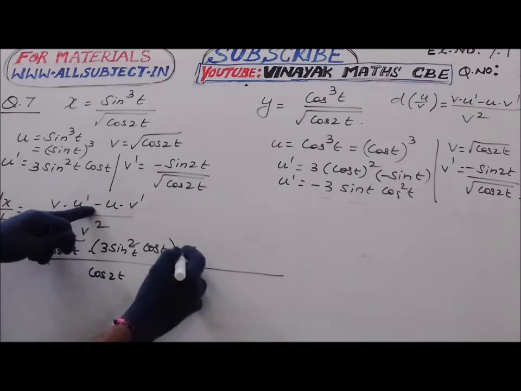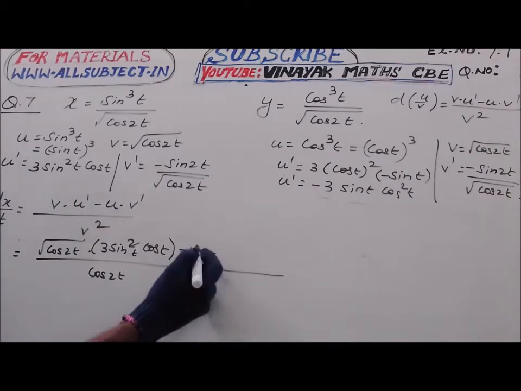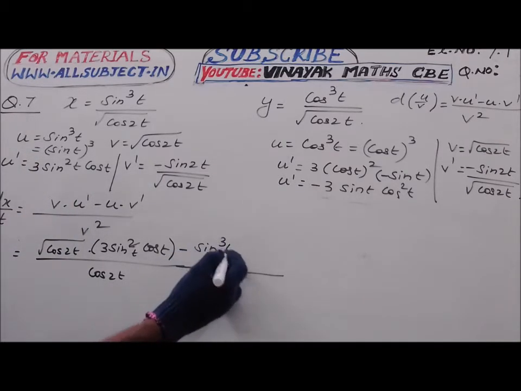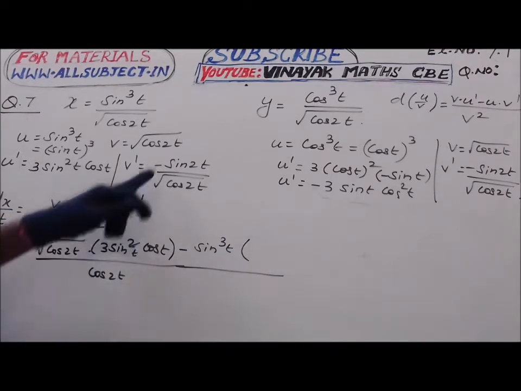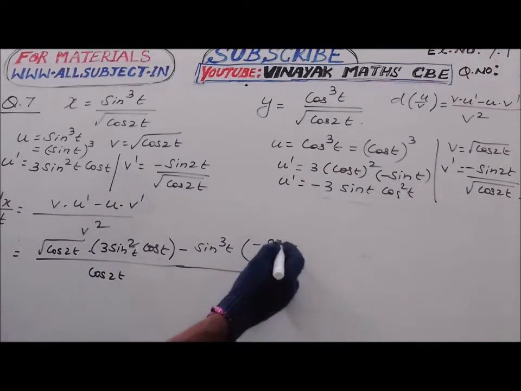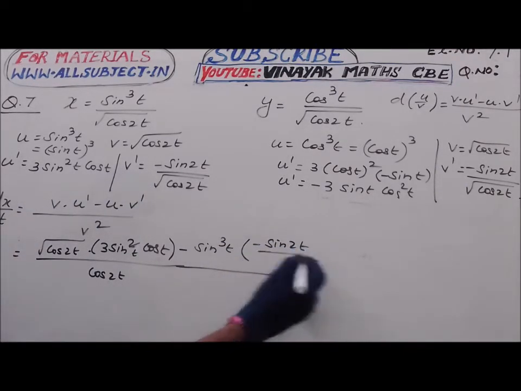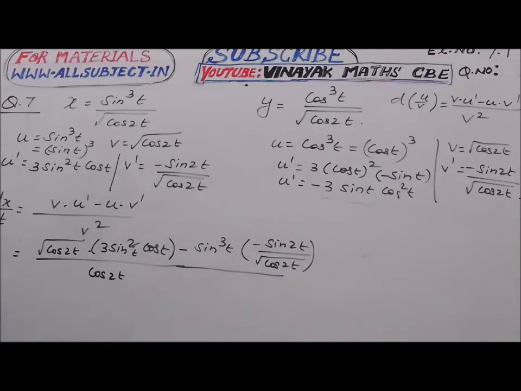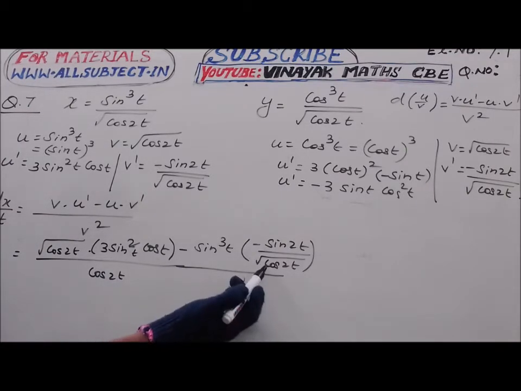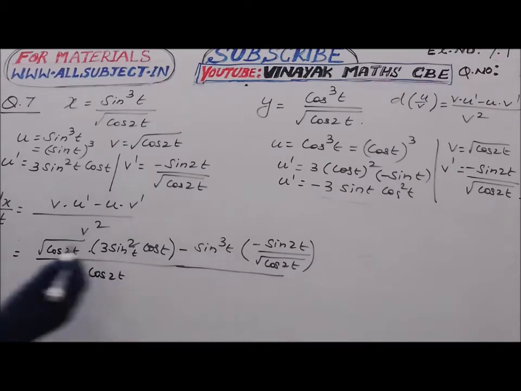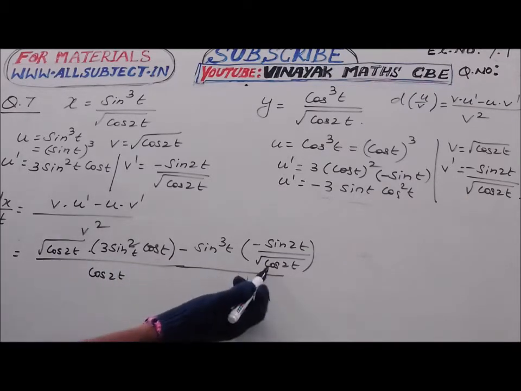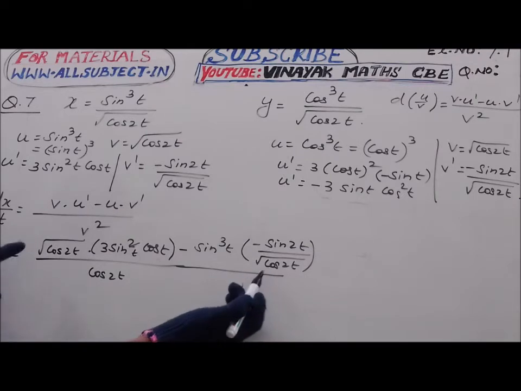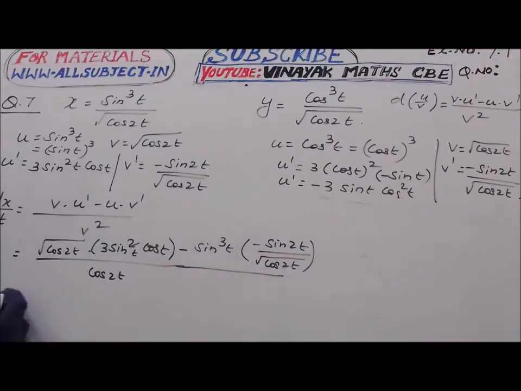By formula minus, now u into v dash. U is sin cube t into v dash. V dash is minus sin 2t divided by root of cos 2t. We should simplify this. Here we have a denominator, here we don't have a denominator. So taking LCM, cross multiply this cos 2t here. Root of cos 2t into root of cos 2t is cos 2t.